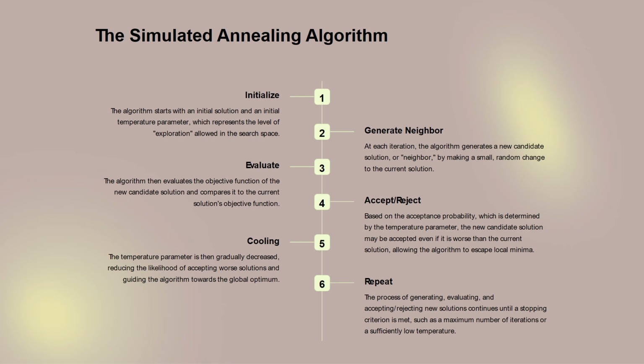The temperature parameter is then gradually decreased, reducing the likelihood of accepting worse solutions and guiding the algorithm towards the global optimum. And 6. Repeat. The process of generating, evaluating, and accepting or rejecting new solutions continues until a stopping criterion is met, such as a maximum number of iterations or a sufficiently low temperature.